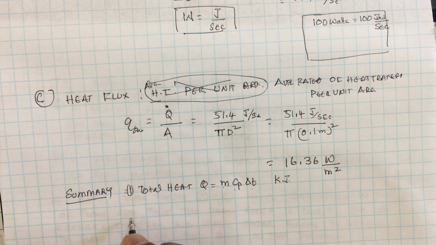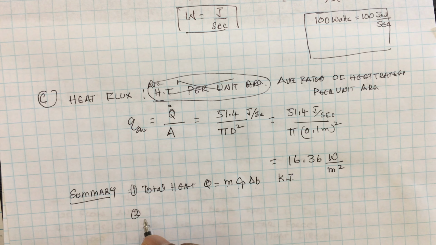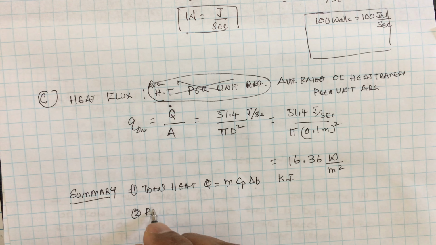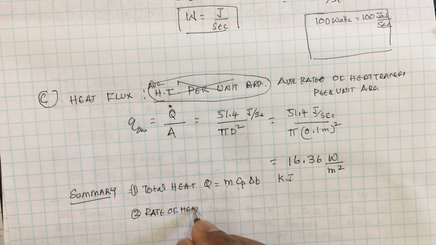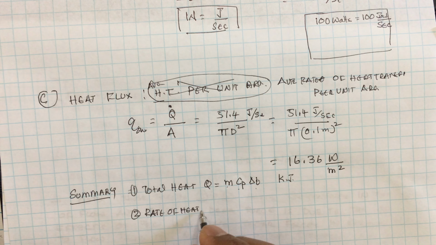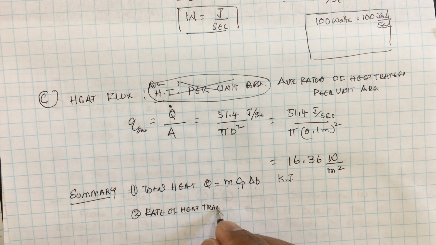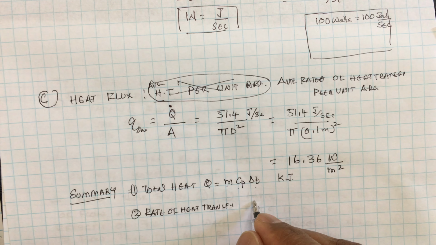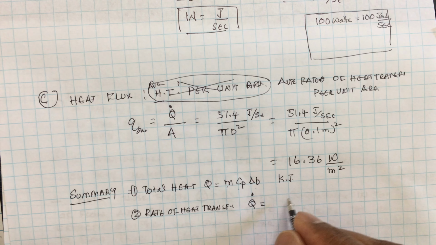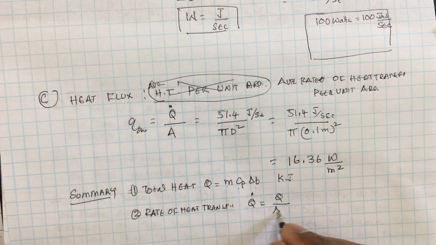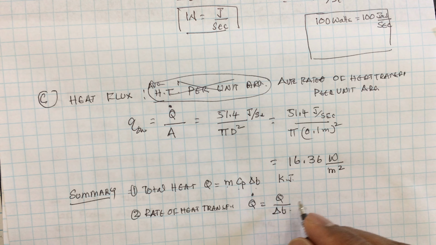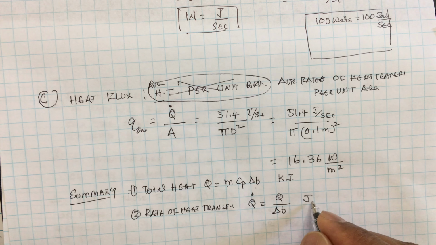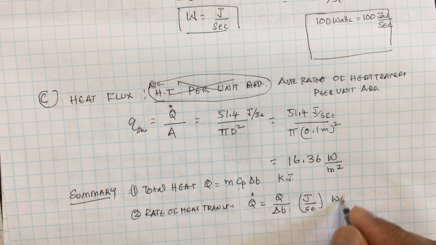Okay, that's one. Second is rate of heat transfer. Everything is in average, so rate of heat transfer is Q dot, and the formula for this one is Q over delta T. Here the units are joules per second or watts.